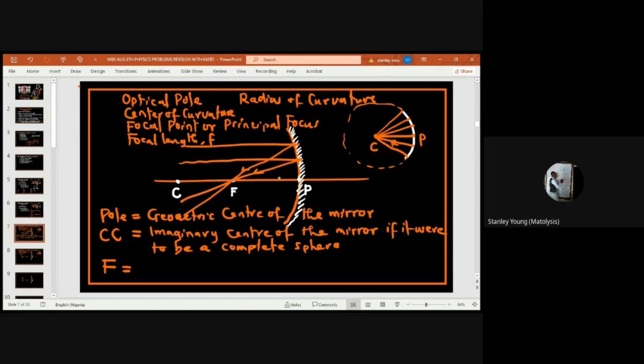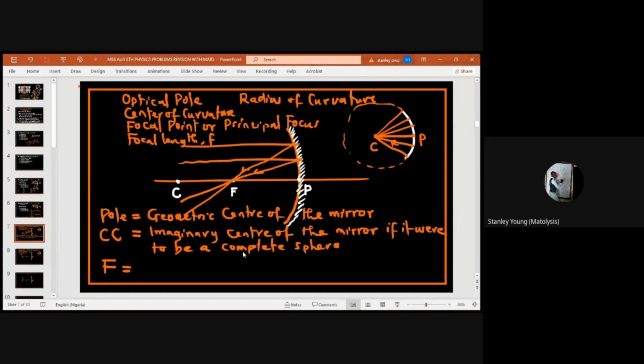That's where the definition comes from. It is a point on the principal axis where all rays close and parallel to the principal axis converge through or seem to diverge from after reflection. You can take your time to write this down. I repeat, that is the principal focus.